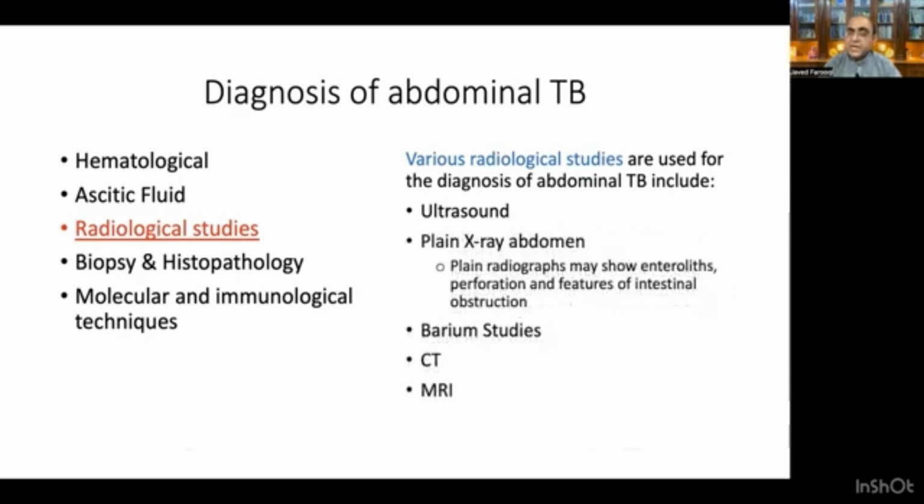Coming to another modality, the plain X-ray abdomen, the plain radiographs may show enteroliths or even perforation in case of tuberculosis, ileocecal or other areas tuberculous perforation, and features of intestinal obstruction.